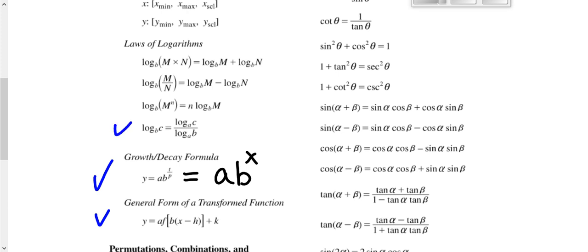Check. Okay, so what does it say? If you have log base B of C, you can write that as log base A of C divided by, or over, log base A of B. So basically the C here, the base is on the bottom.